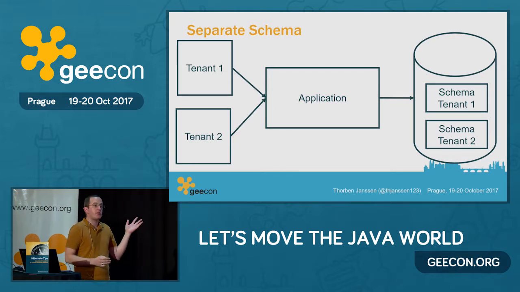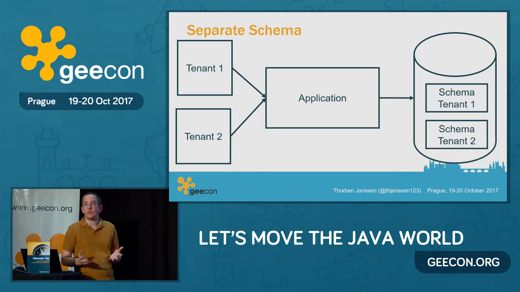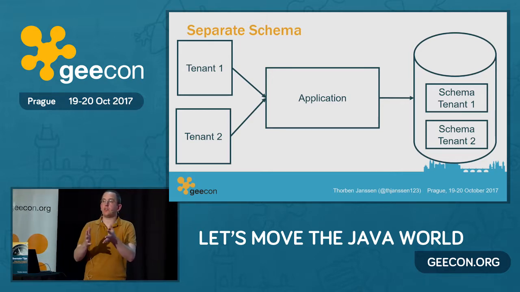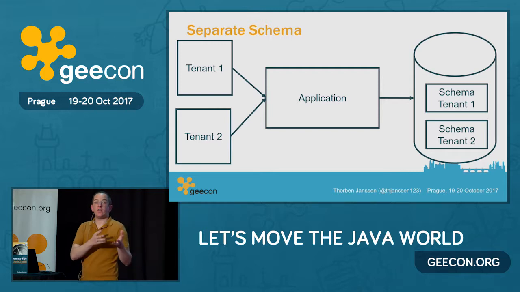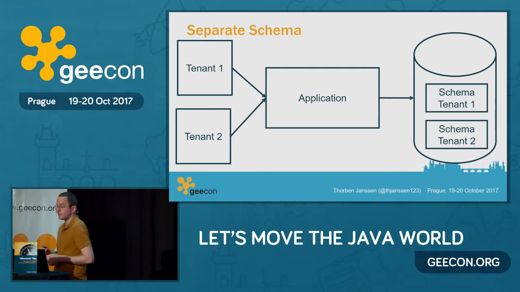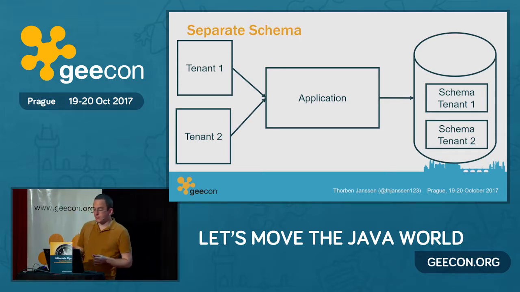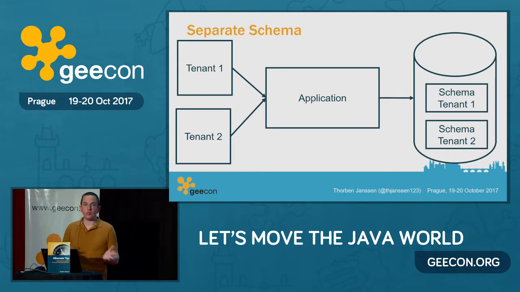And in theory, there's a third option, which is discriminator-based. All tenants use the same database, the same schema, and there's an additional discriminator column in each table telling you to which tenant this database record belongs. Unfortunately, that's not supported by Hibernate, so you either have to use separate schema or separate database if you want to work with Hibernate.